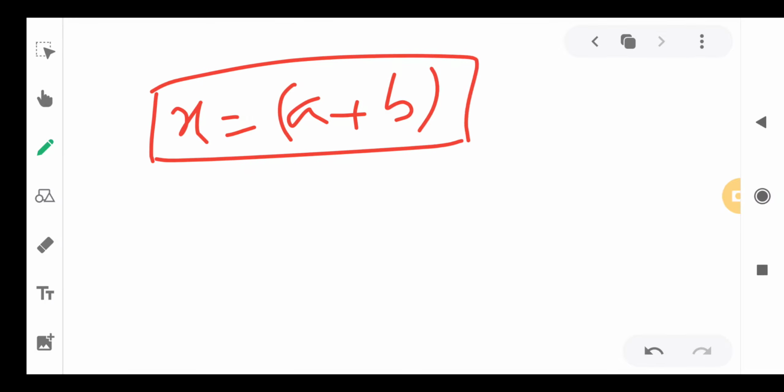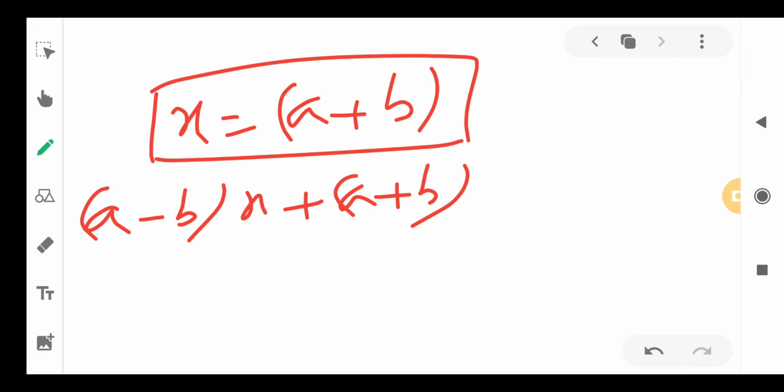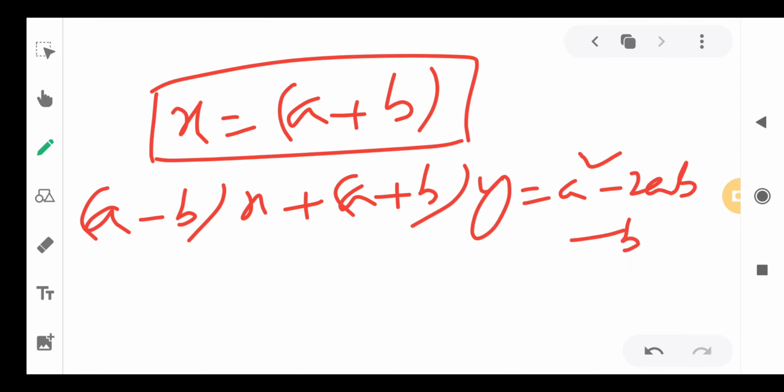Now we have to substitute this value in any one of the equations and get y. So take the first equation, (a minus b) into x plus (a plus b) into y is equal to a square minus 2ab minus b square.